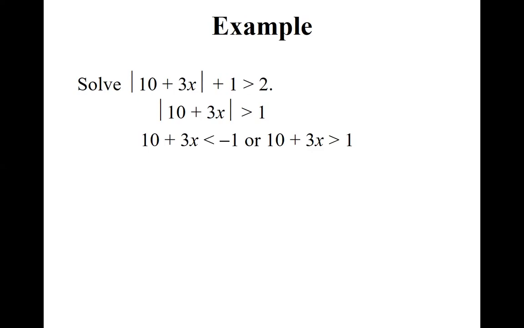So 10 plus 3x is less than -1, or it's an or statement, 10 plus 3x is greater than 1. So interesting, that comes back around. Absolute value less than was a between. Betweens were ands. Absolute value greater than is an or. It splits into two separate inequalities.